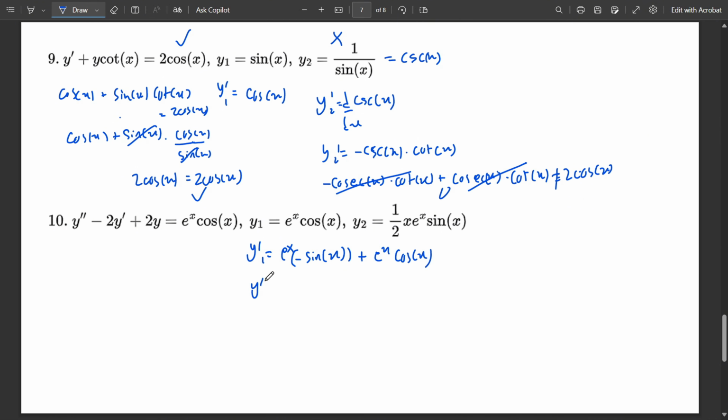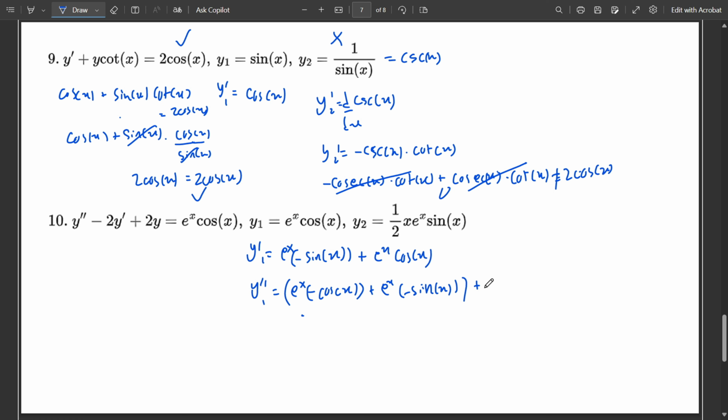Okay, now y double prime is, okay, another product rule. We have e to the x negative cosine of x plus e to the x negative sine of x. Okay, just to be clear, this is the product rule of this derivative, plus, okay, another product rule.